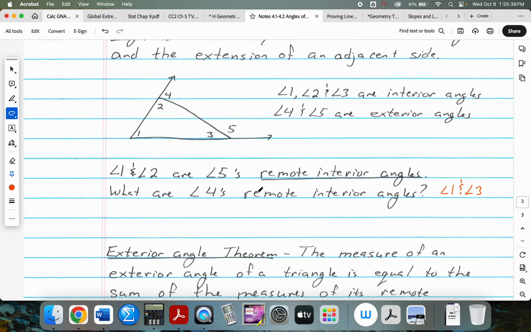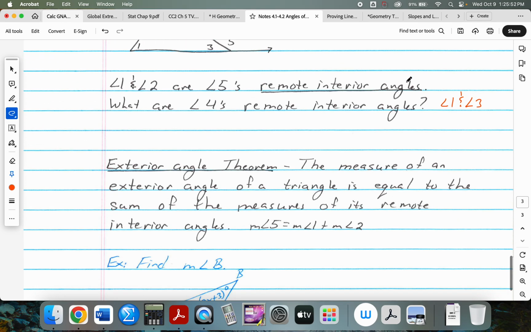So back up here, the measure of angle 5 is equal to the measure of angle 1 plus the measure of angle 2. The measure of angle 4 is going to be equal to the measure of angle 1 plus the measure of angle 3. So let's add that one. The measure of angle 4 is equal to the measure of angle 1 plus the measure of angle 3.